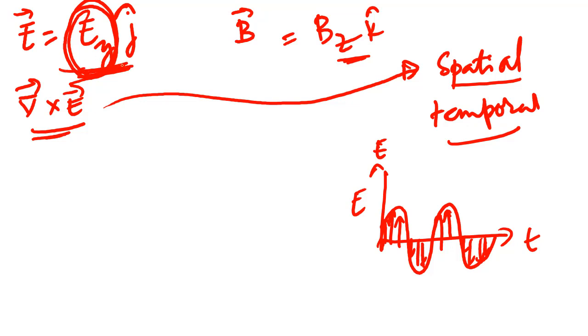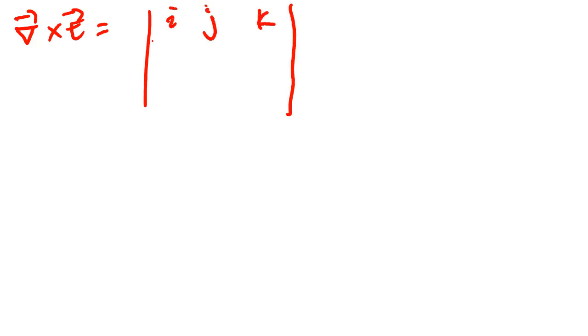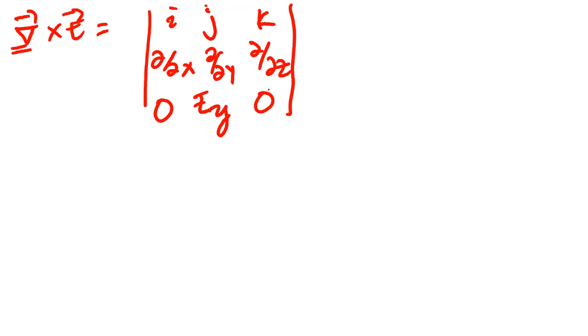The way you would calculate curl E would be, you simply take the determinant: i, j, k, these are the unit vectors, and the del operator is dou by dou x, dou by dou y, and dou by dou z, and E is only along the y-axis, so we're only looking at Ey.